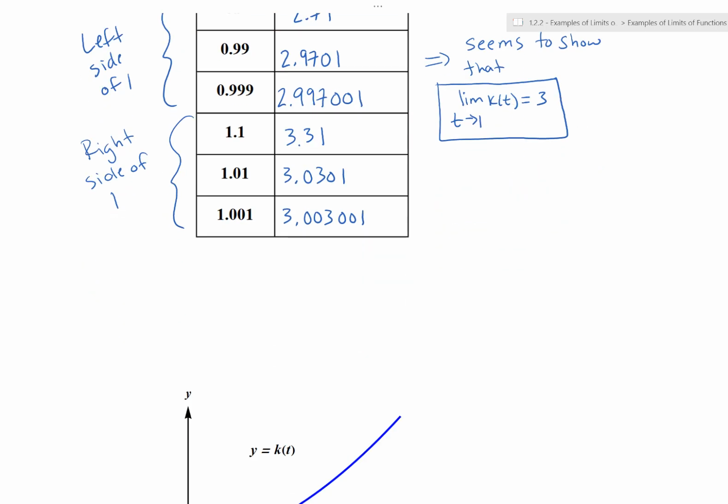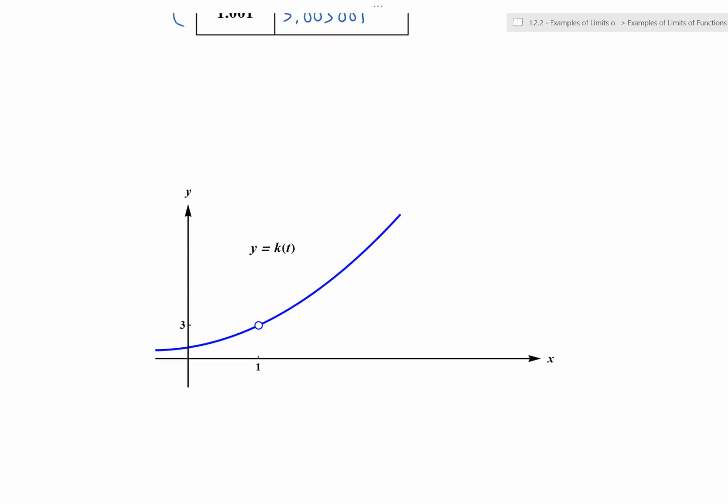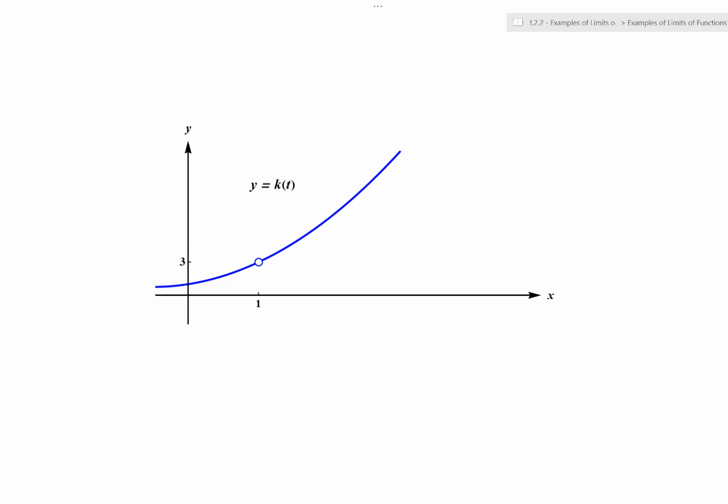Now, if you graph this using some software or even by hand, your function is going to look like this. Happens to be that when t is 1, say it's t down here, my bad, there's a little hole in the graph.